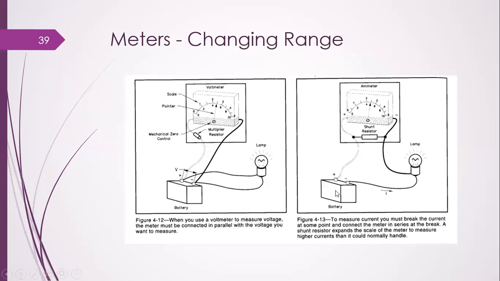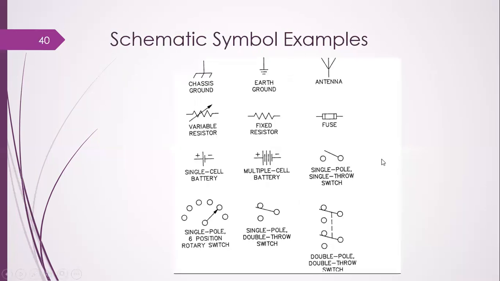Then the current drawn would appear as the needle deflection. The scale, pointer, and shunt resistance we already discussed, and the lamp and battery are the same. This is how to measure the value, and it can also be transformed into a high range value.